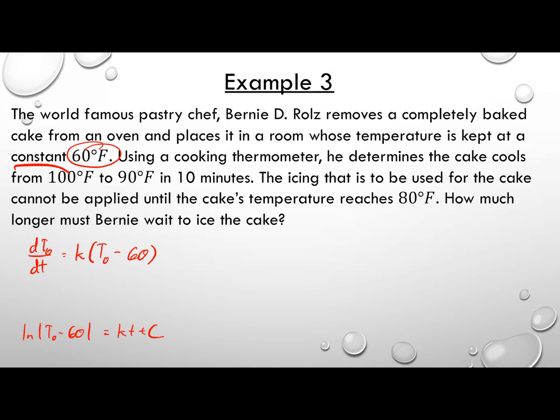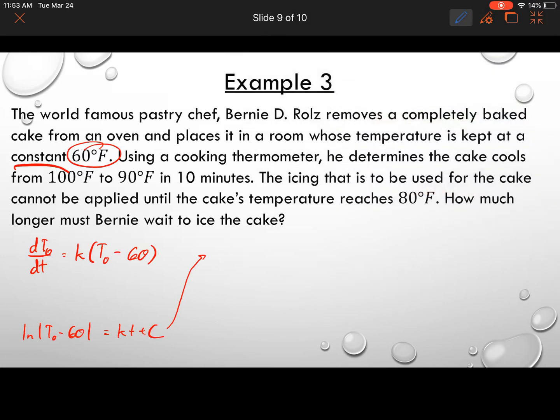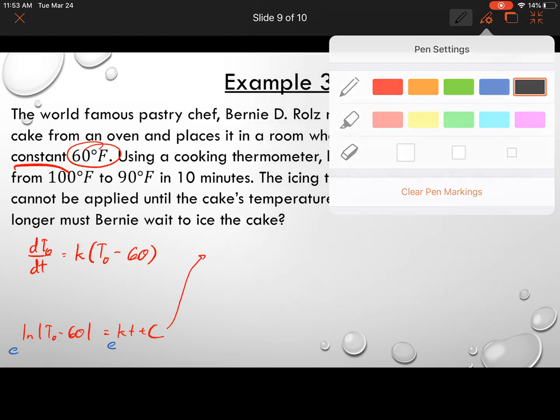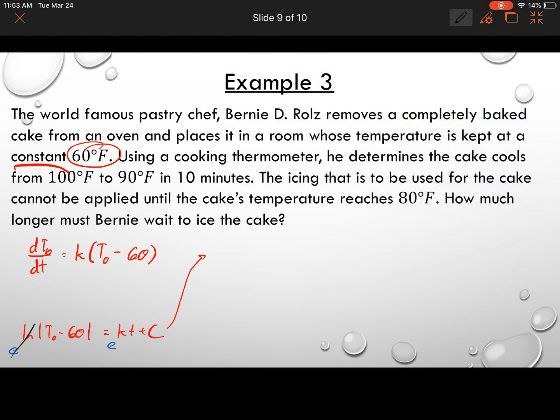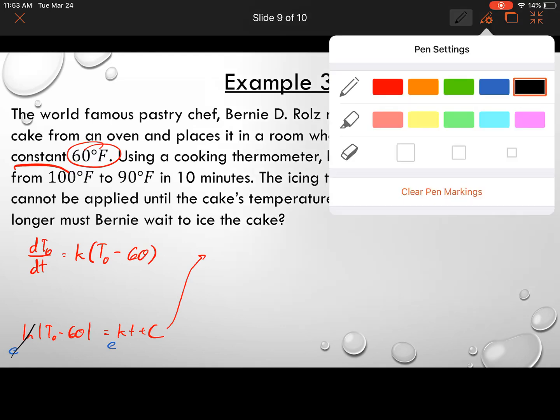And let's actually do this problem a little bit differently this time around. Let's solve for t sub 0, getting t sub 0 by itself. So if we do e to the power of both sides, the e and the ln cancel out.